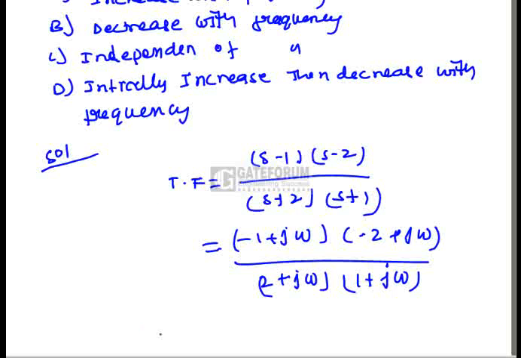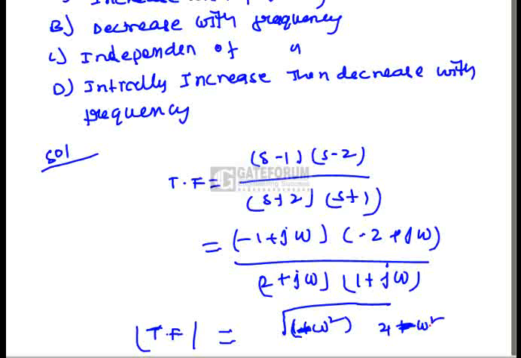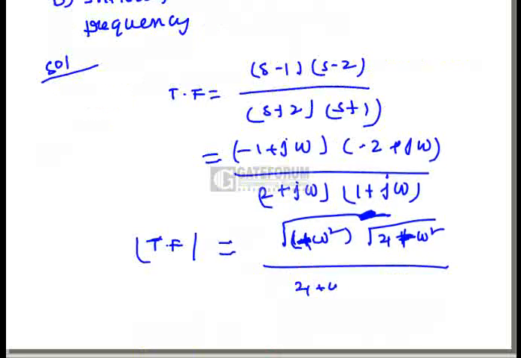So the magnitude of the transfer function is the square root of (1 plus omega square)(4 plus omega square) by (4 plus omega square)(1 plus omega square), all under root.